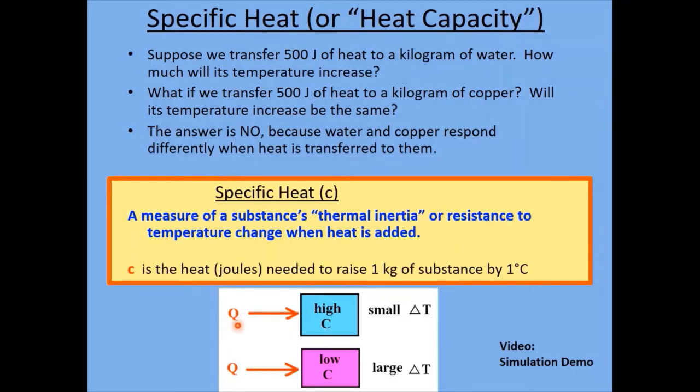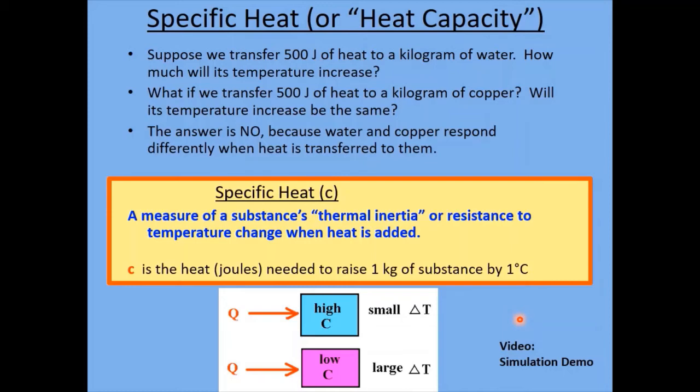Remember, heat is Q. So we're adding heat to both of these. Well, the material with a high specific heat will undergo only a small delta T, a small change in temperature, whereas the material with low specific heat will undergo a large change in temperature. So high specific heat means this material has a lot of thermal inertia or resistance to temperature change. It can absorb heat without its temperature changing much.